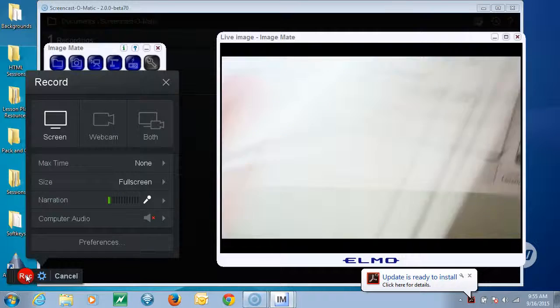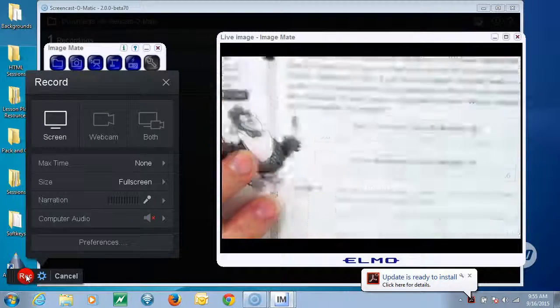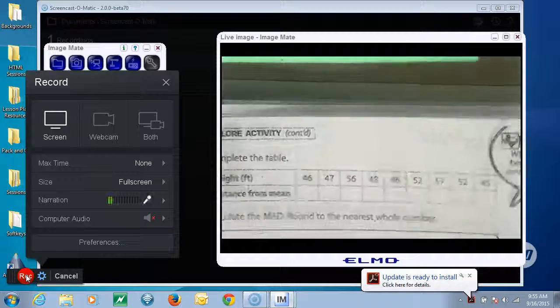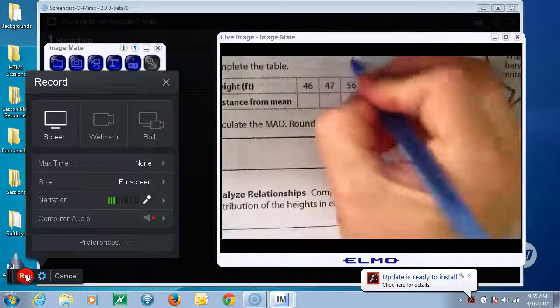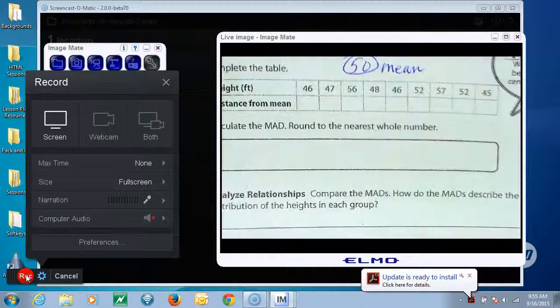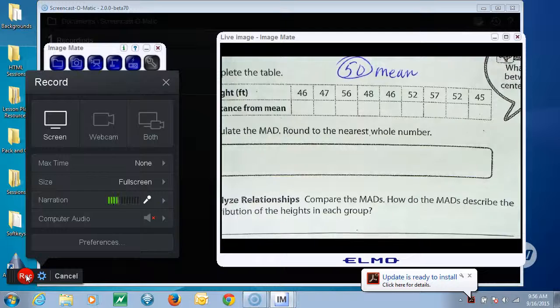Turn the page. David, what are you doing? Turn the page. At the top, write 50 and put the mean. Circle it. 50 is our mean. Now, what are we going to do? Subtract what? Good.